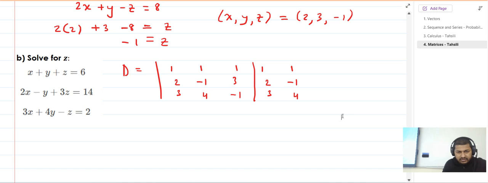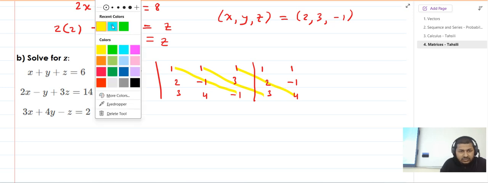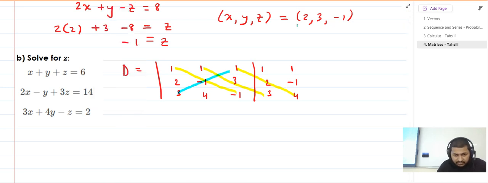Right, and now you're going to find the main determinant. You don't have to keep on highlighting if you have mastered determinants. Let's calculate. That's 1, that's 9, 1 times 2 times 4, that's plus 8.